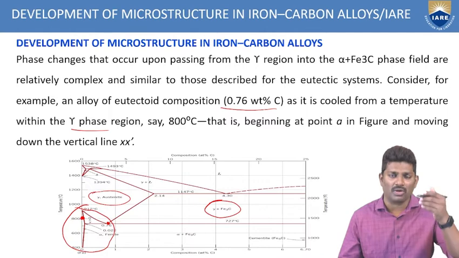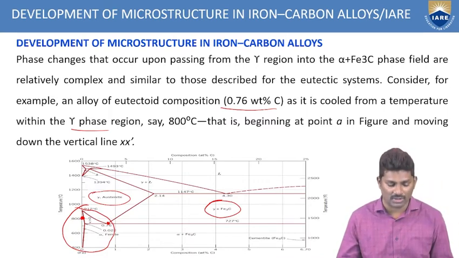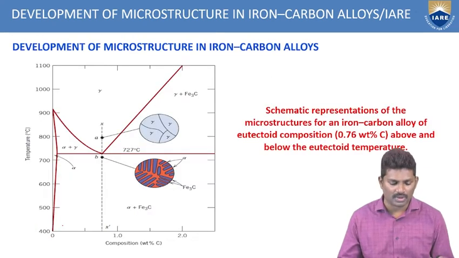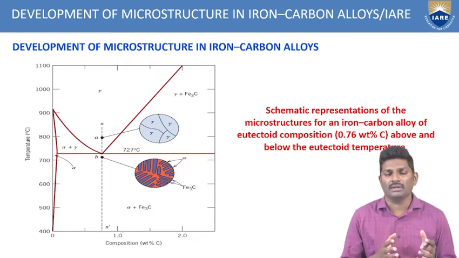We are drawing a vertical line along that point, 800 degrees centigrade with a composition of 0.76. This is the area we are zooming in on now, where we are trying to find out the developments in the microstructure.